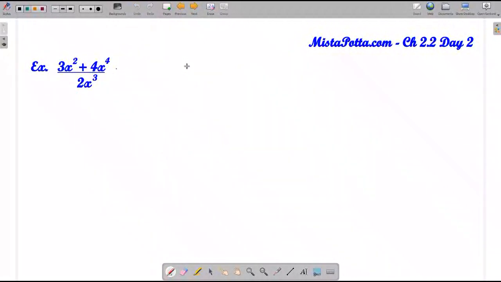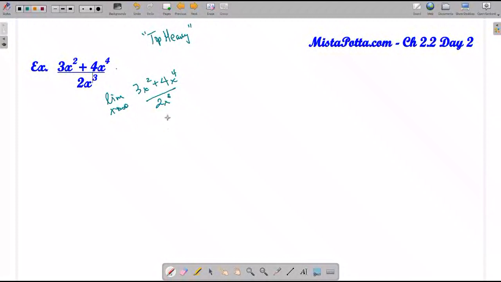So let's talk about this situation that we would call top-heavy. In other words, I want to look at the limit as x approaches infinity of 3x squared plus 4x to the fourth over 2x cubed.